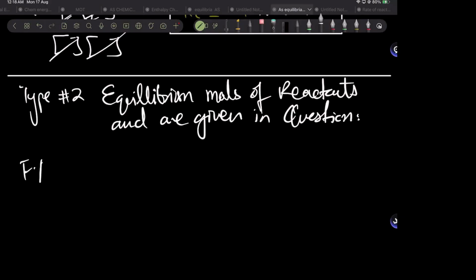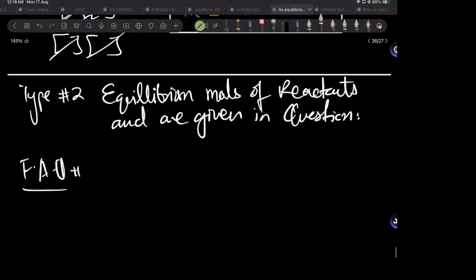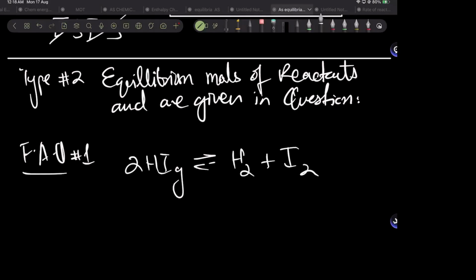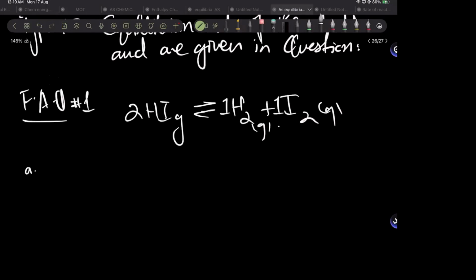So this is again a past paper question. The question would be, for example, 2HI gas goes into H2 plus I2, 1 mole of H2, 1 mole of I2. All right, this is our question. The first part of the question says, write an expression for the equilibrium constant.